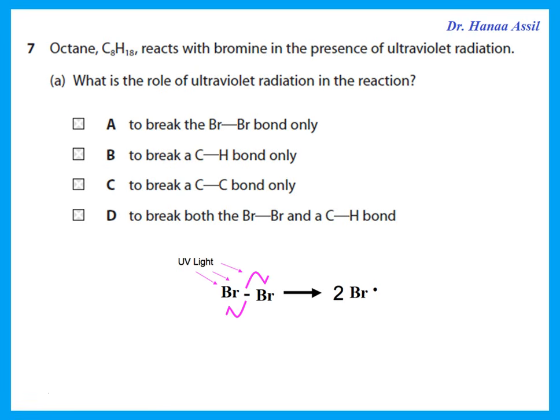The UV light causes the Br-Br bond to break so that one electron goes to each Br, so it ends up forming two bromine radicals. We say this kind of bond fission is homolytic bond fission, in which one of the electrons goes to each of the atoms.